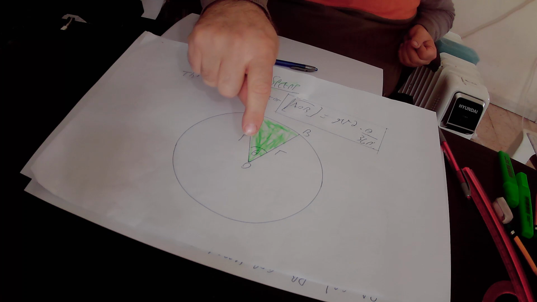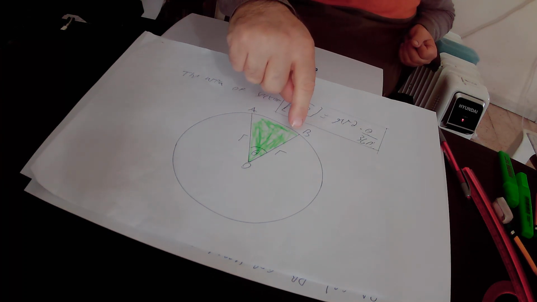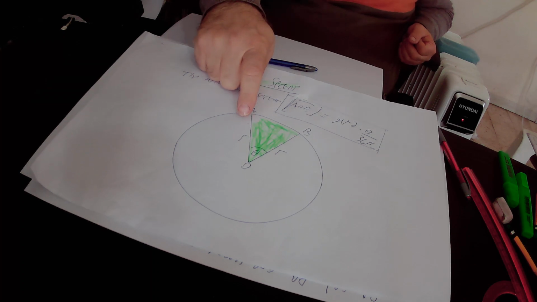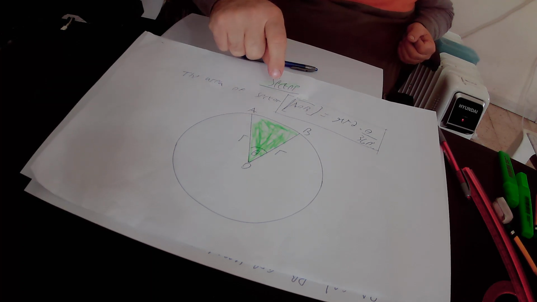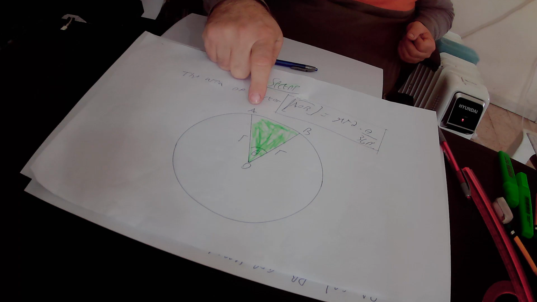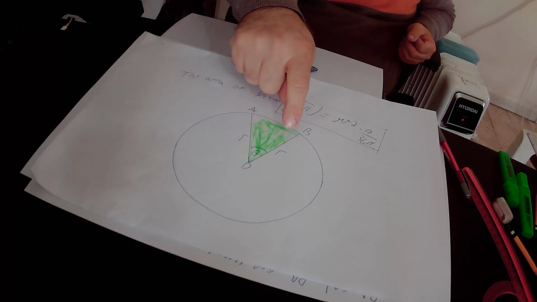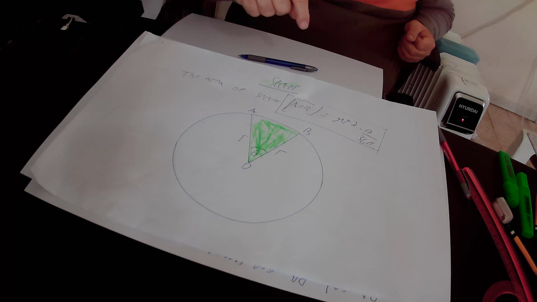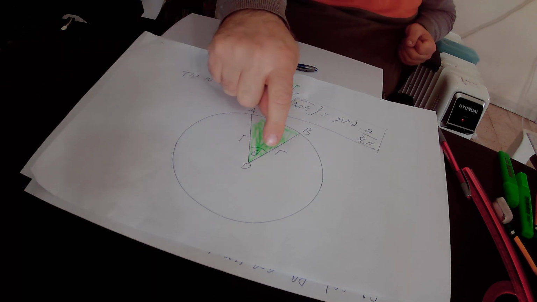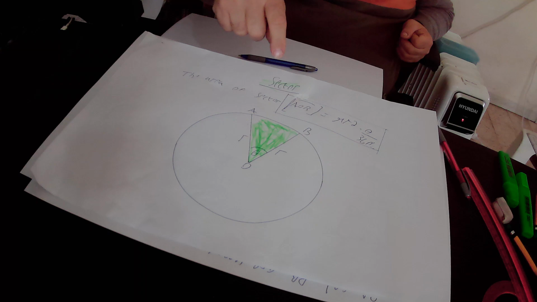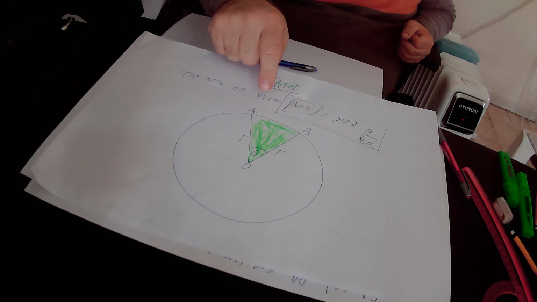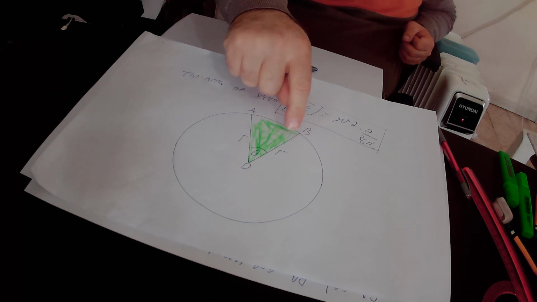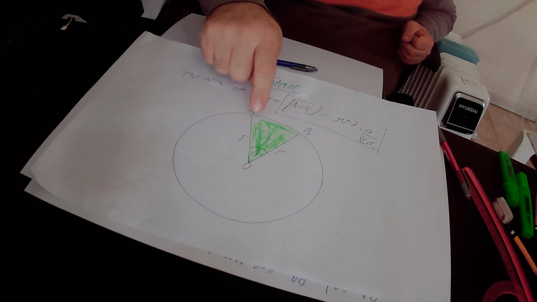The first leg is AO and the second leg is BO. They are both radii of the circle, equal to R, therefore they are equal to each other, and also the arc between the two radii, arc AB. So this is sector AOB, and the angle between the legs, AO and BO, of this sector AOB is theta.